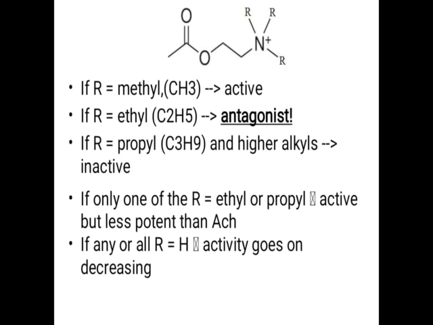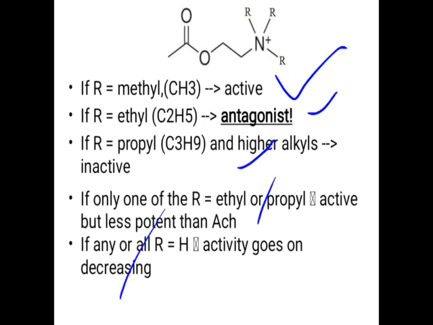Okay, so what we can see, if R is methyl, so all groups are methyl groups, you will get an active agonist drug. If R is higher alkanes, then agonist activity decreases, they produce some kind of antagonist effect. If it is propyl, butyl or pentyl, you will get an inactive drug. If only one R is ethyl or propyl, their activity decreases.